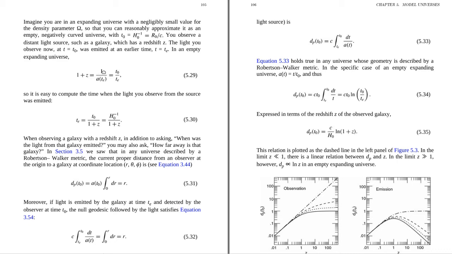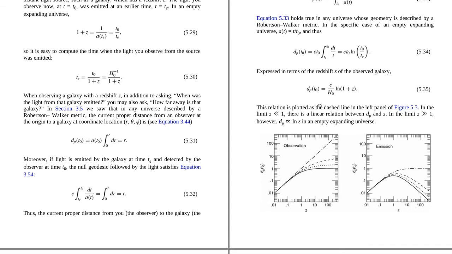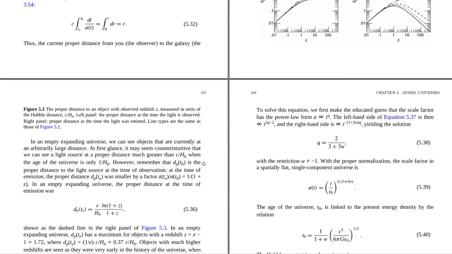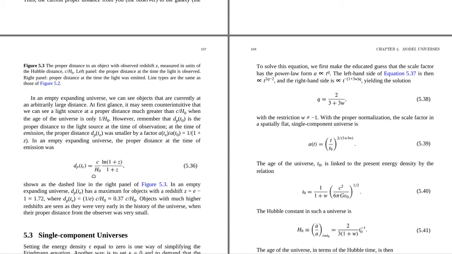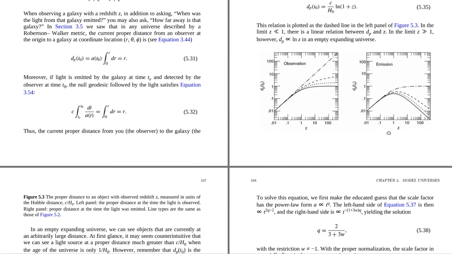The scale parameter at time of observation divided by the scale parameter at time of emission. So the scale parameter changes from time of observation to time of emission by 1 plus z. So the proper distance is also going to change by the same factor. So you divide this proper distance by 1 plus z, and you get your expression for the proper distance at time of emission. And this expression is plotted on the right hand side in this figure here.